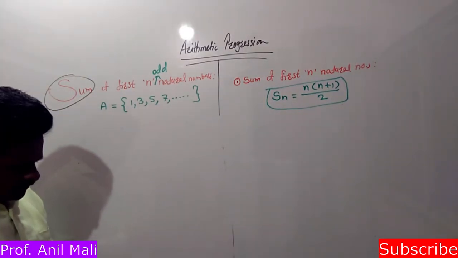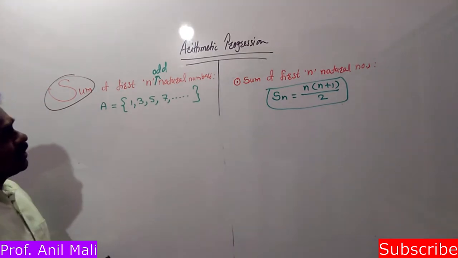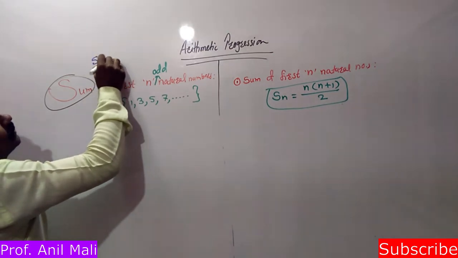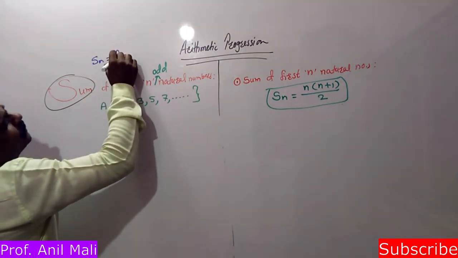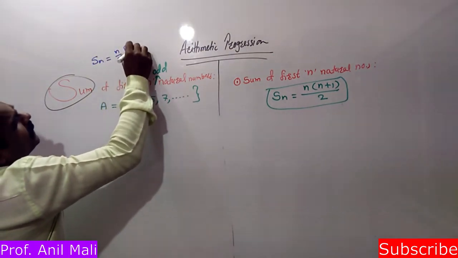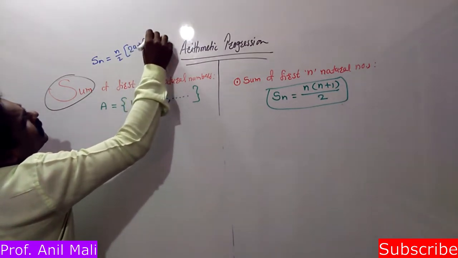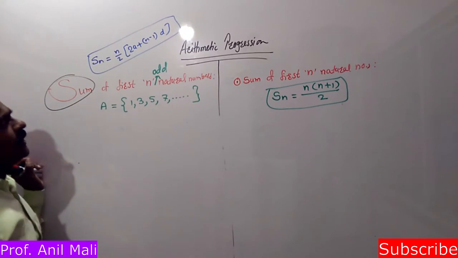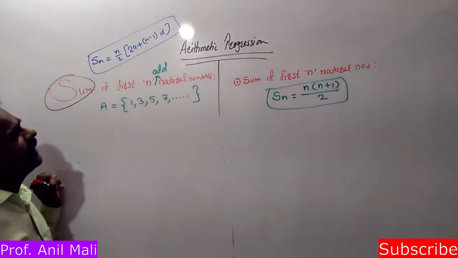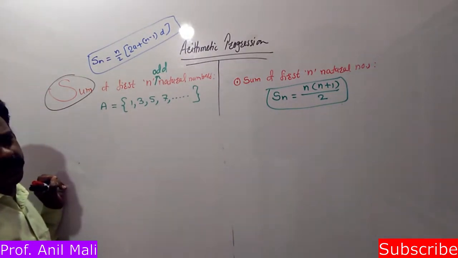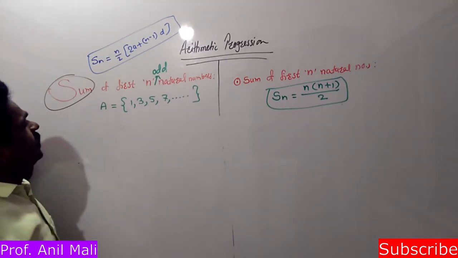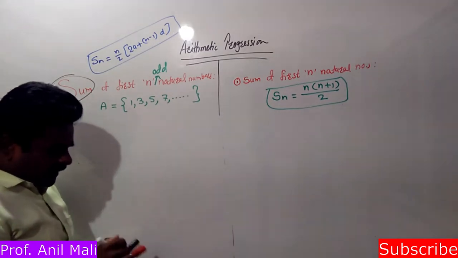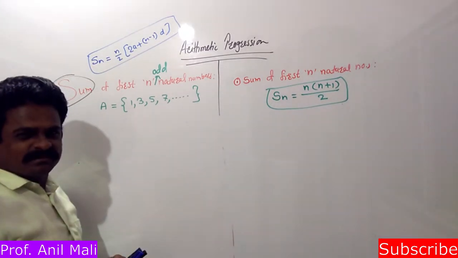Now again we will focus on the same formula, Sn is equal to n by 2 into the bracket 2a plus n minus 1 into d. See here, n is your general term.